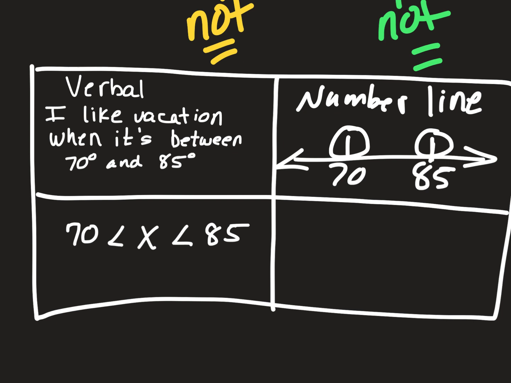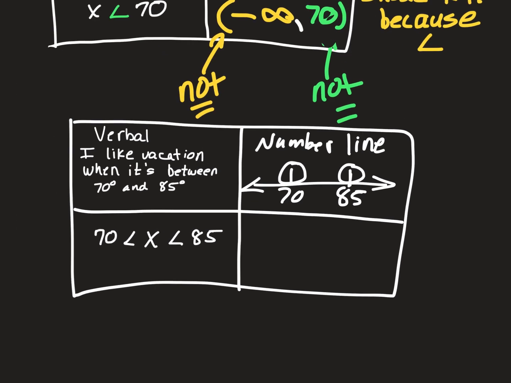So I'm not going to fill in the 70 because I don't want it to be 70. I want it to be bigger, like between 70 and 85. So that's not the same thing. Am I going to fill in the circle for 85? Is there an equal to sign to go with that 85? No. So I'm going to leave my two coordinates just like that. Both of those coordinates are open because there was no equal to sign underneath there. Remember, open is the word for not filled in.